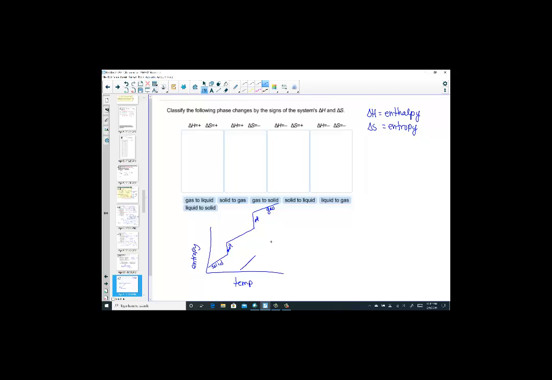So this direction is an endothermic process, and this direction, reading it the opposite way, is an exothermic process. It takes energy for a solid to melt into a liquid phase, right? That takes energy. So let's find where a solid converts to a liquid. A liquid can convert to a gas, and a solid could go directly to a gas.